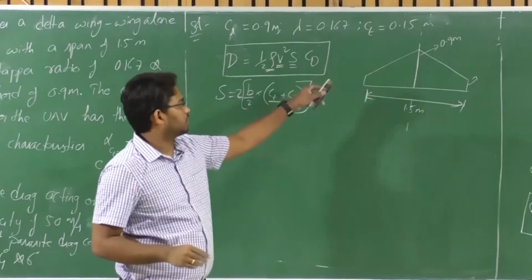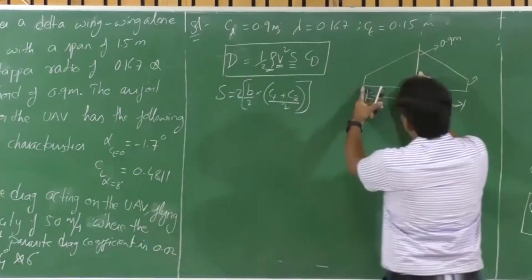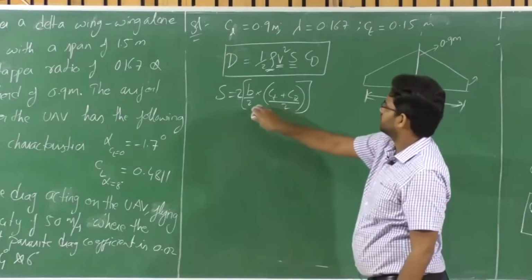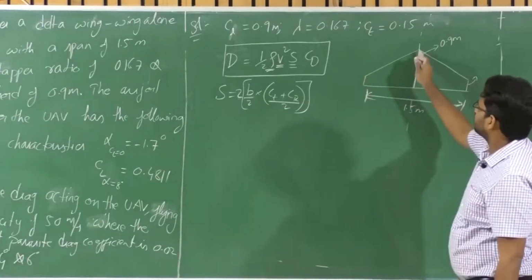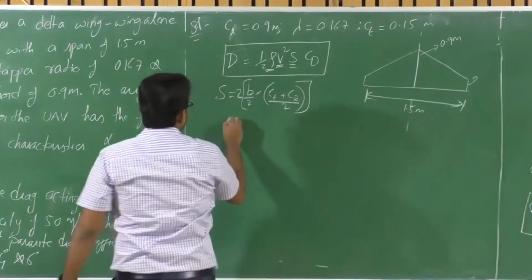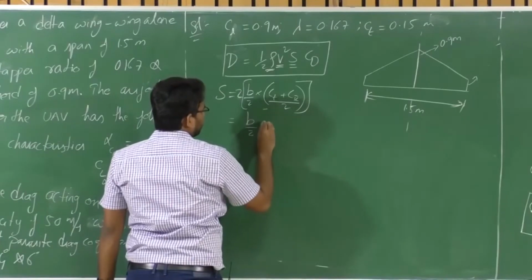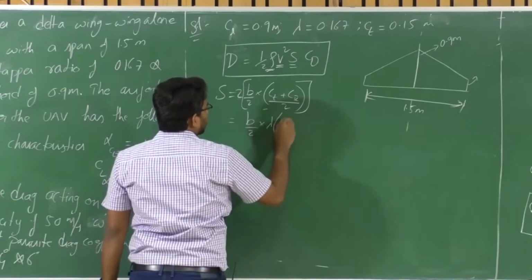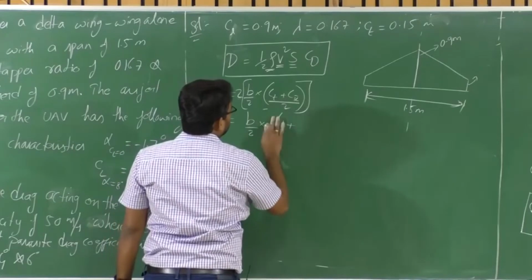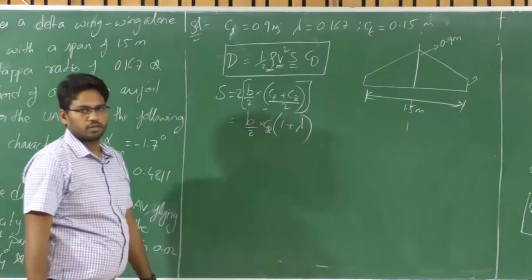The area of this trapezium is B by 2 times the average of CT and CR, which is the area of half of the planform, and twice of that will be the entire planform area. What I have is B by 2 times CR times (1 plus lambda), right?